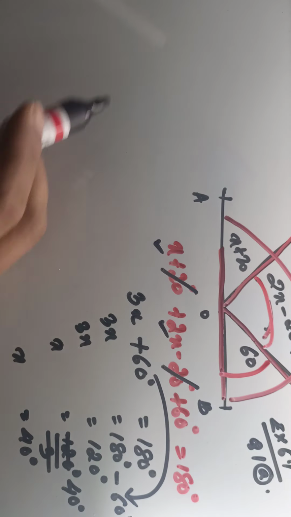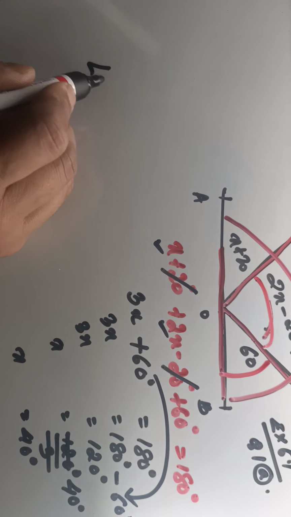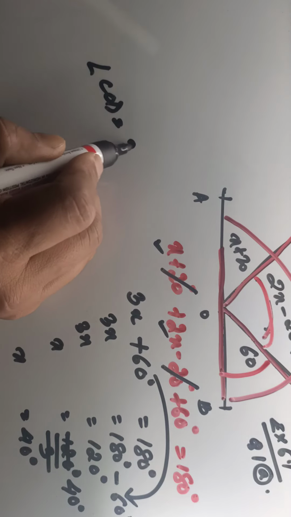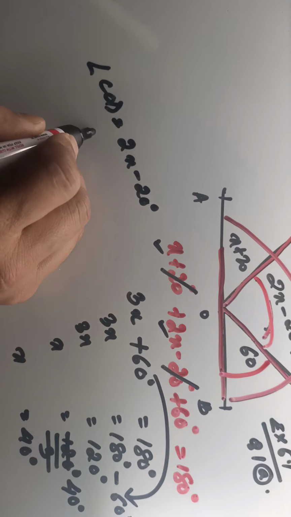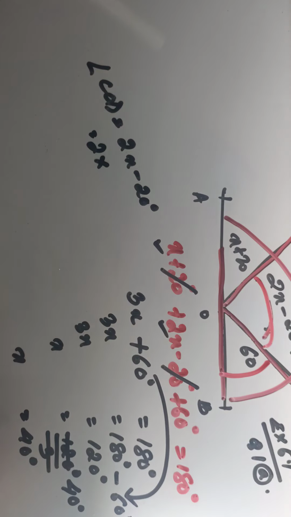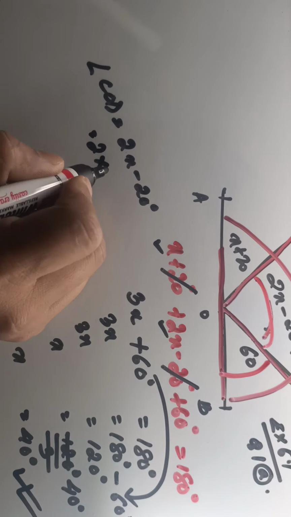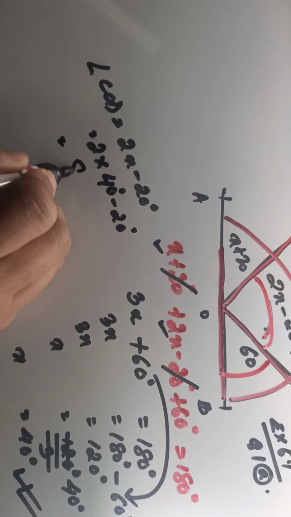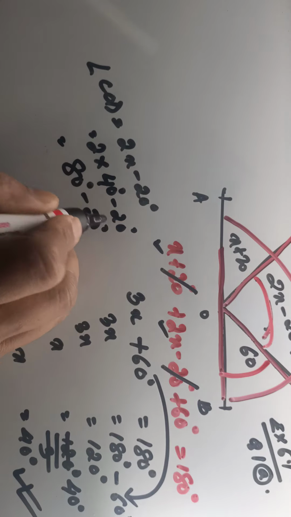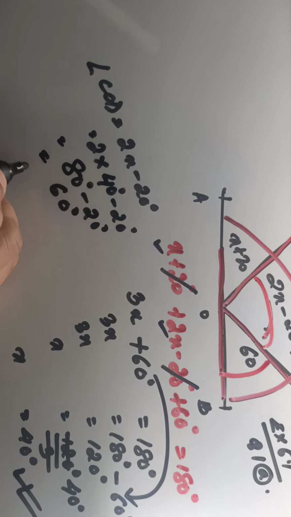You can check it out, x I got as 40 degrees. So 2 into 40 minus 20, so 2 fours are 8, so 80 minus 20 is equal to 60 degrees. So your answer would be 60 degrees.